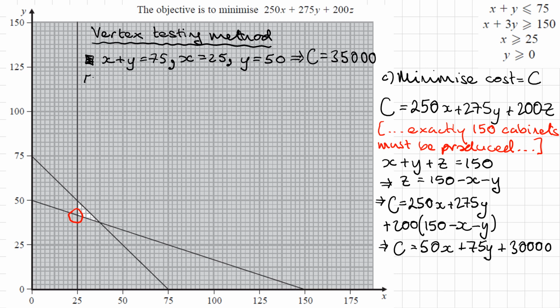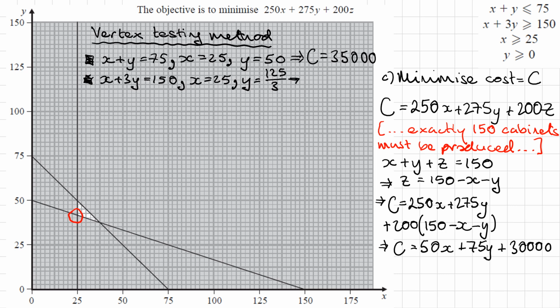Okay, let's now move on to this vertex here. This vertex is the intersection of the line x plus 3y is equal to 150, and the line x equals 25. So if x is equal to 25, that means that 3y is going to equal 125. So y is going to be 125 over 3.